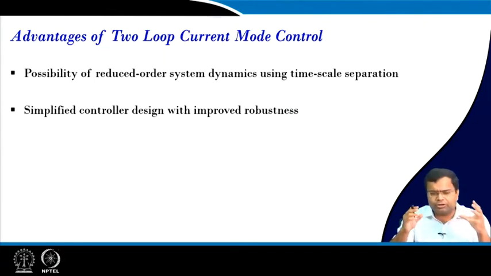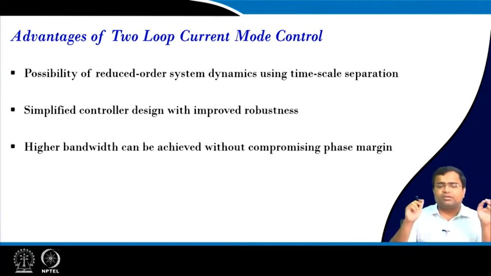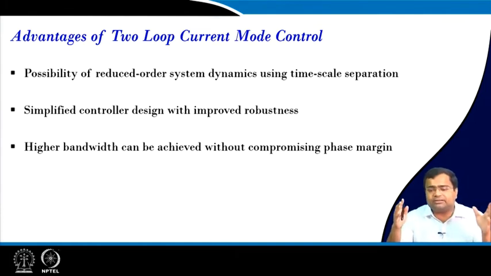Because you can approximate by a first order model, you can simplify the controller design, and you get improved robustness, because there is no L dependency in the design. So you can make the design much more robust. Even if there is a variation in the inductor, as long as you control the current properly, there is no problem. And you can achieve very high bandwidth without compromising phase margin.